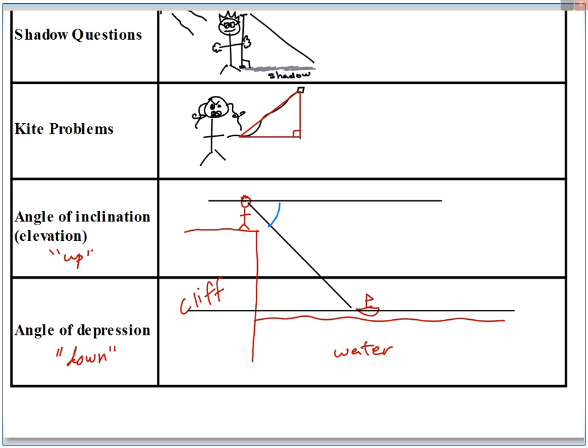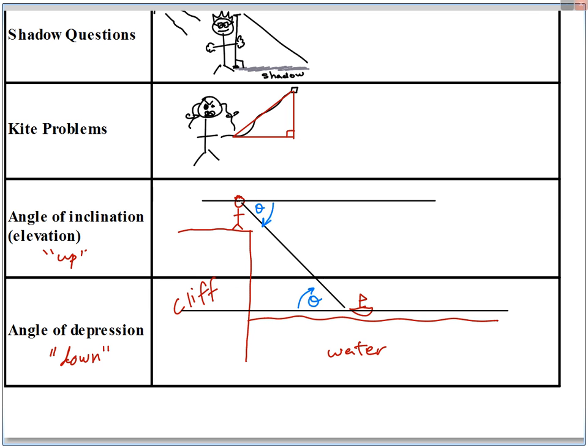This is actually the angle of depression. It's the same as this one here, the angle of elevation. If you were in the boat looking up, you would measure it from the ground, right? See how it goes up from the ground? Instead of ground, I'll put a horizontal. Up from the horizontal.